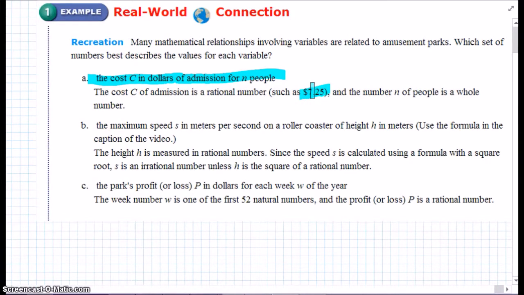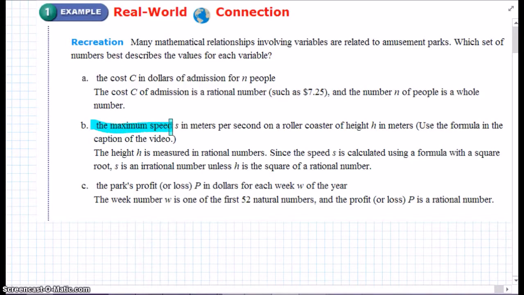And the number of people would be a whole number, because you can't have negative numbers of people, and of course you cannot have a fraction of people. So that's part A.